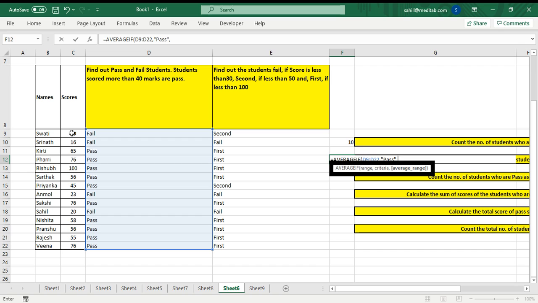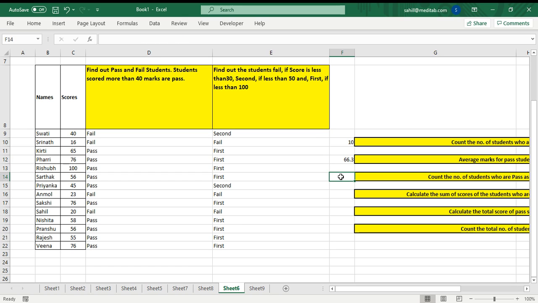These are the scores, and we need to get the average of the scores. So I'm selecting this range. I'm closing it. See, 66.3 is the average score of the pass students. Let me go for the next question.